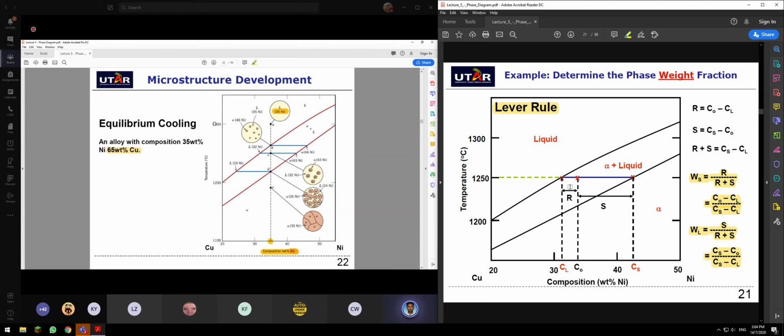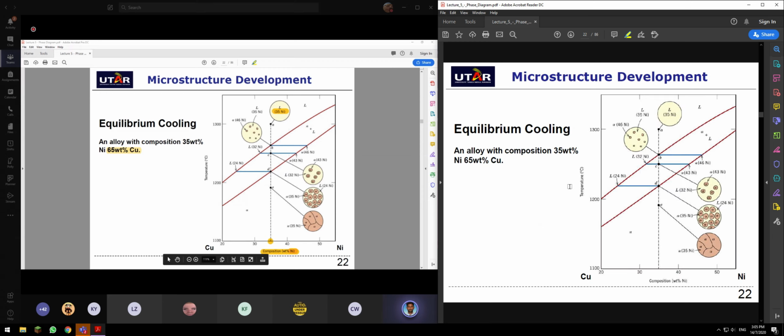Then from 1300 degrees Celsius, I'm giving you some scenarios, so try to imagine. I cool down this point A to reach point B, which is roughly around 1280 degrees Celsius.